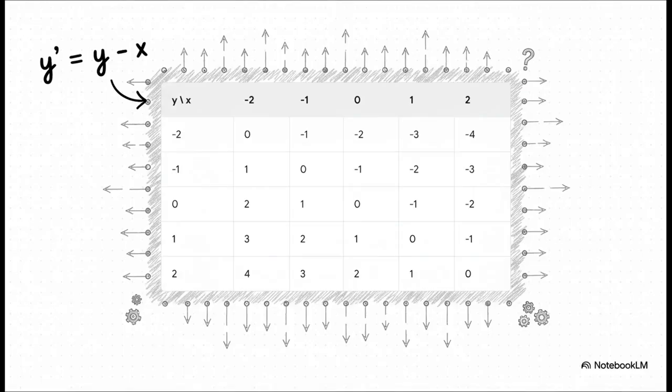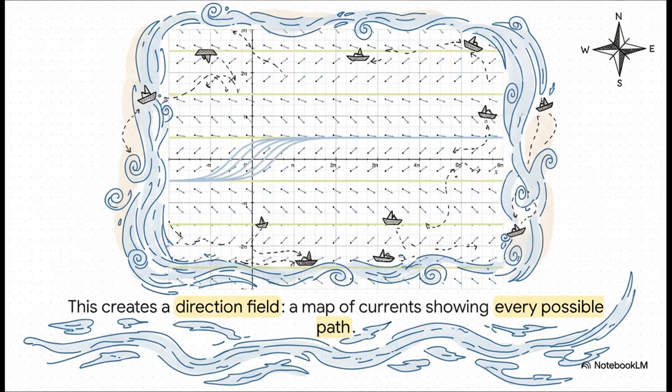So to see this in action, let's use a slightly simpler equation. y' equals y minus x. It's the same idea as the soup. We can just pick a bunch of points on a grid, plug them into the equation, and calculate the slope at every single spot. This table just shows the raw numbers for a handful of those points. And when you plot all of those little slopes as tiny arrows, you get this.